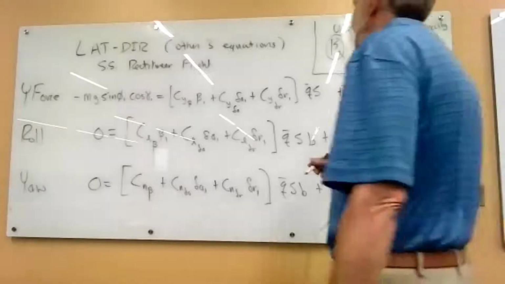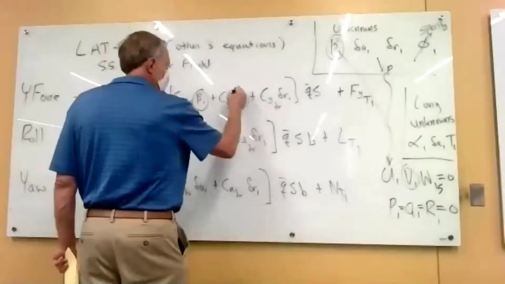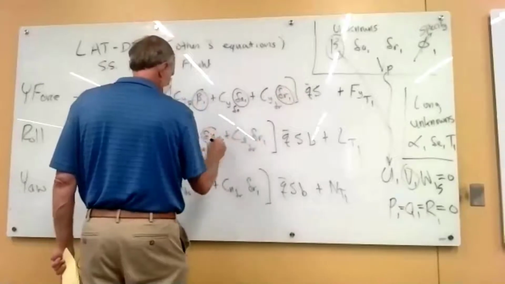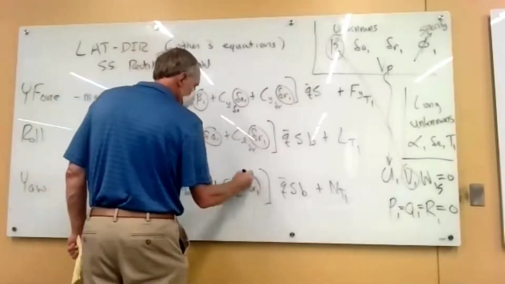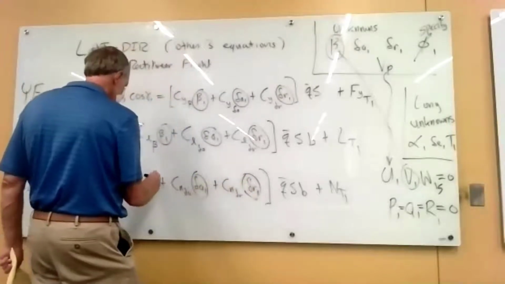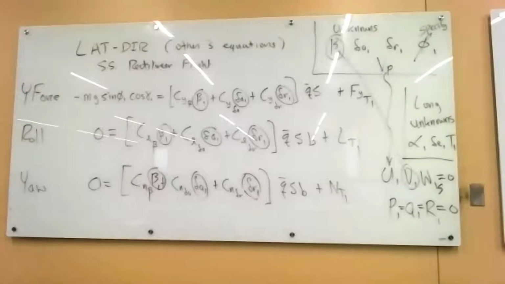So the next thing we want to do is solve 3 equations and 3 unknowns. So that's harder than the longitudinal. In the longitudinal trim problem, we had 3 equations and 3 unknowns, but we were able to separate out the lift and the pitching moment equation and solve for 2, and then solve for the thrust next, right?